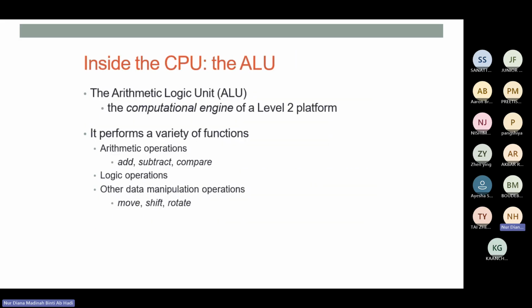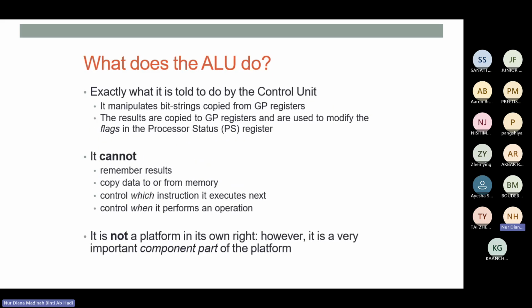Next we go to the ALU. The ALU is the computational engine of your level 2 platform. It performs various functions, for example arithmetic operations, logic operations, and manipulation operations. So what does your ALU do? It manipulates the bit strings copied from your GP registers. The results are copied to the GP registers and used to modify the flags in the PS register.